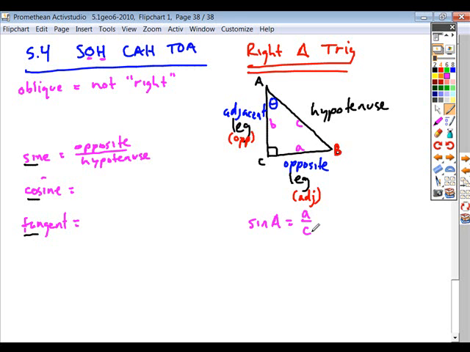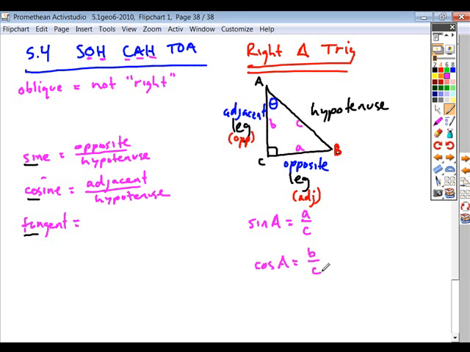Cosine, when you look at this acronym, is equal to adjacent over hypotenuse. So when you're looking at the cosine ratio of A, the cosine of A would be the adjacent side b over the hypotenuse c.